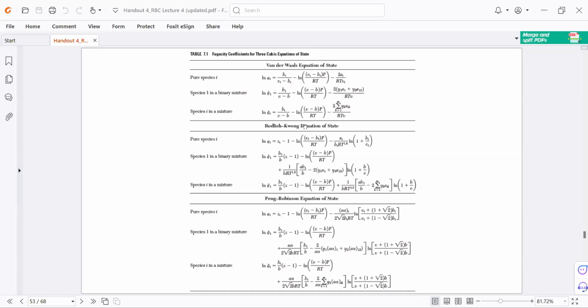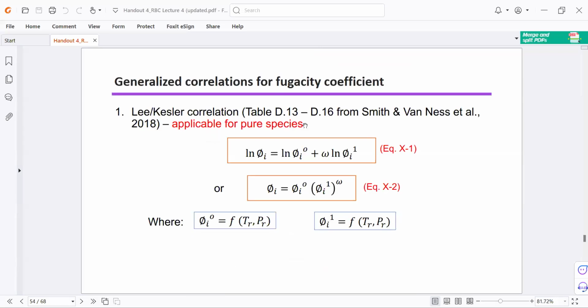Okay, so those are the ways we can calculate the fugacity coefficient. Now I'm going to show you more ways to calculate the fugacity coefficient. It's just like, if you will remember, the compressibility factor in your ChE 142, there are different approaches to calculate the compressibility factor.